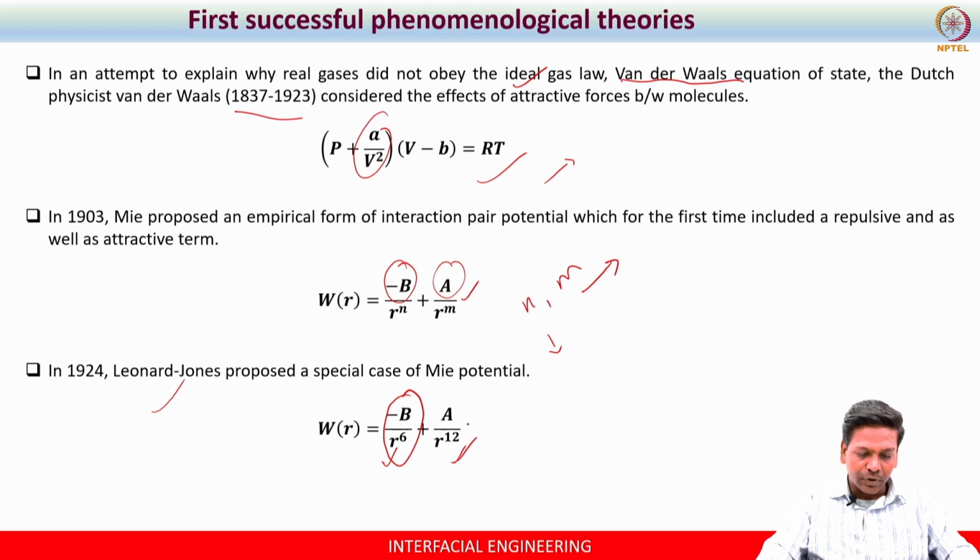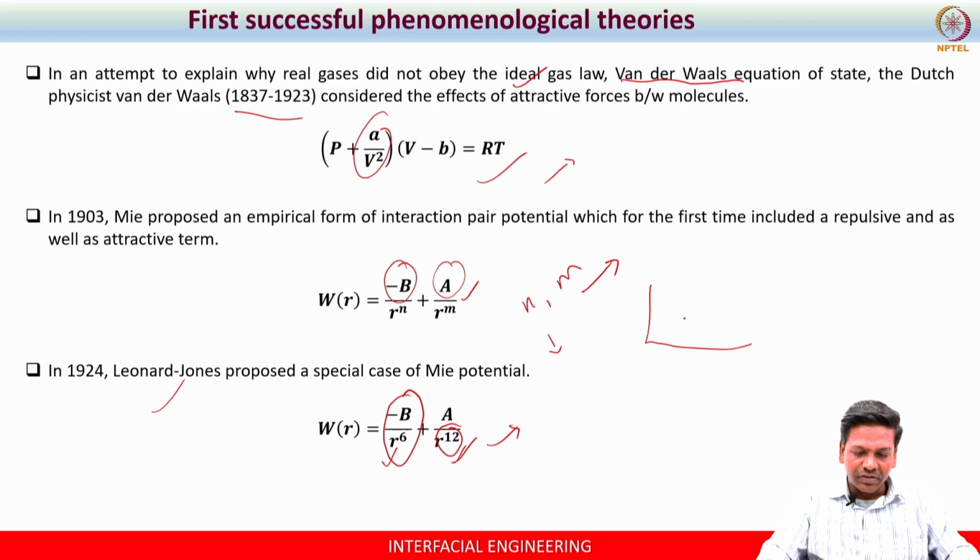Why the exponent of 12 was chosen, there is no specific reason, but the accepted reason is that it is very easy to compute, because r power 12 is easy to express, which is just the square of the attractive term. Otherwise, the exponent m can be as large as possible.